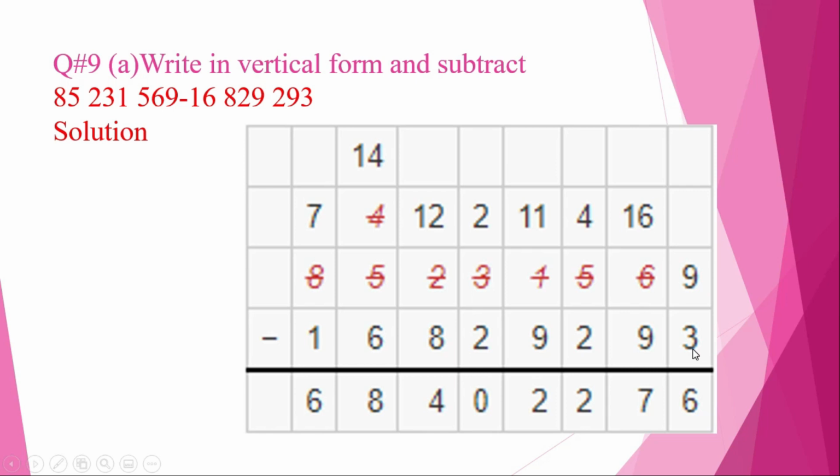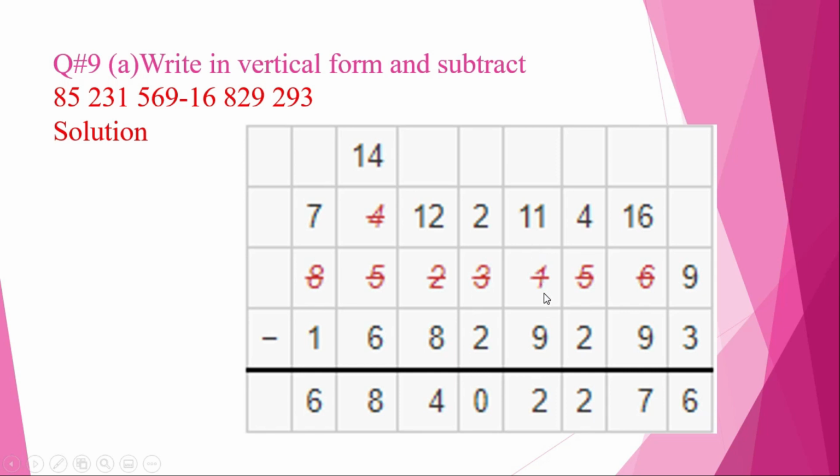Here we subtract 9 minus 3, that's 6. And here is a 6, which is smaller than the 9. So we borrow from the 5 and it becomes 16. Now we subtract 9 from 16 and we get 7. Here is a 4. 4 minus 2 is 2.